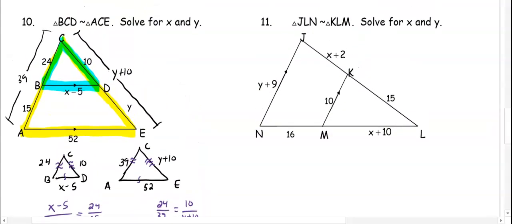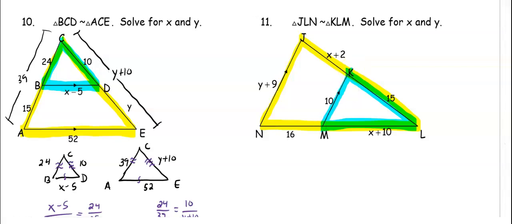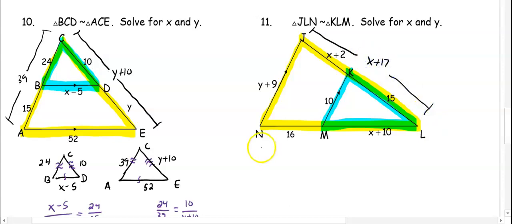In number 11, we have triangle JLN is similar to KLM. As we're looking for the full sides, JL, when we add this together, is going to become x plus 17. And then we have x plus 26 for NL.